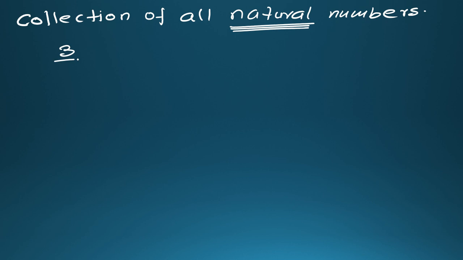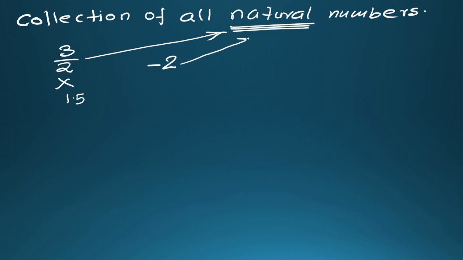So if I say 3/2, will it belong to this collection of natural numbers? You will say no, because 3/2 means 1.5, and no decimal number can belong to the set of natural numbers. If I say -2, will it belong to this collection? You will say no, because it is a negative number, and a negative number doesn't belong to natural numbers.